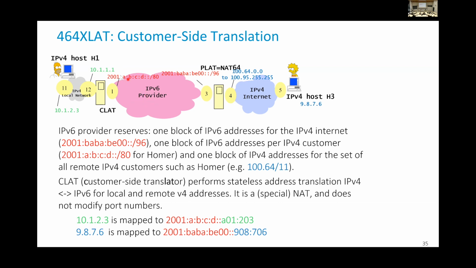So, for example, if I have a device that responds to the address 10.1.2.3 here, then it will be translated to an address which is within my block here. The block is a bit larger, so I need to reserve a space, for example, by padding zeros everywhere, such that this is my translation of this address here.